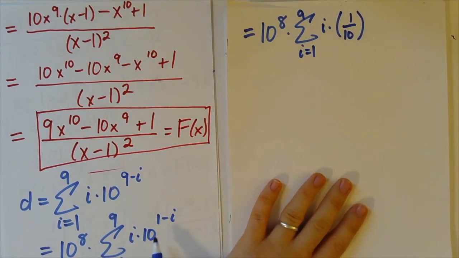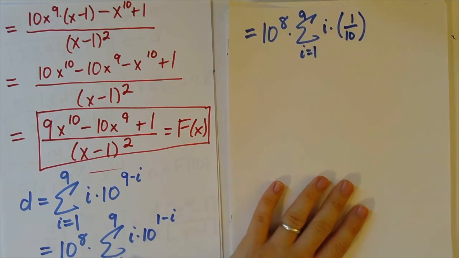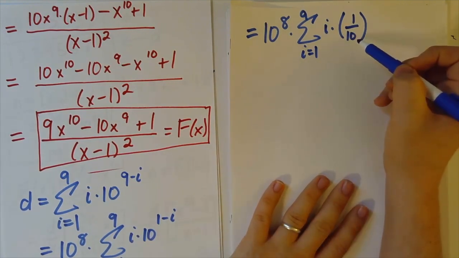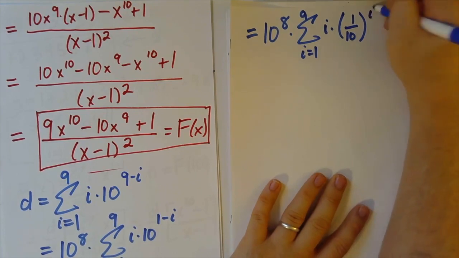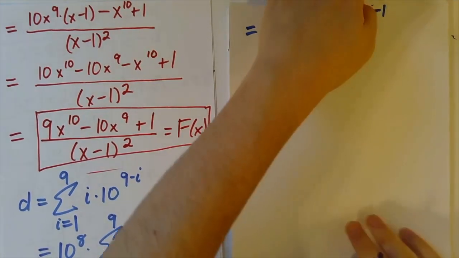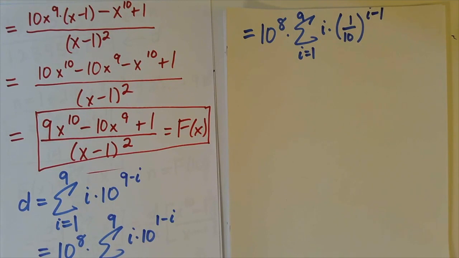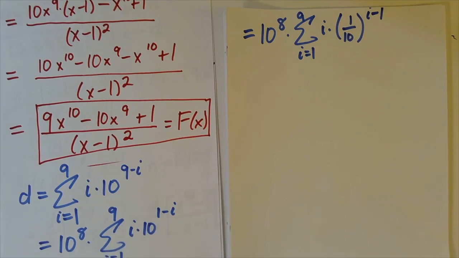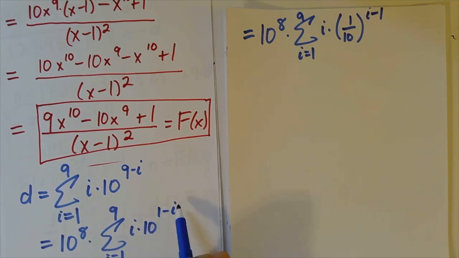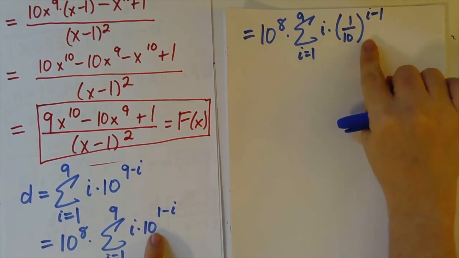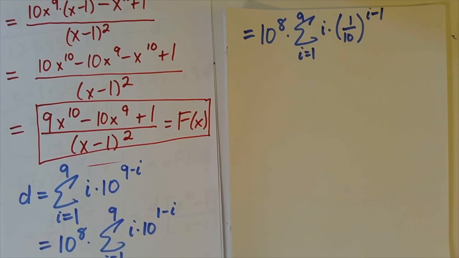Because all these powers are really negative, right? As soon as I is 2 or bigger, this is 10 to some negative power, so I'd rather rewrite it as positive powers of 1/10. So this is namely 1/10 to the I minus 1 power. Okay. And you can take a second to convince yourself that all I really did here was rewrite 10 as 10 to the minus 1 to the minus 1, and then pull one of the minus 1s into the exponent. But in particular, those are definitely different ways of writing the same number.